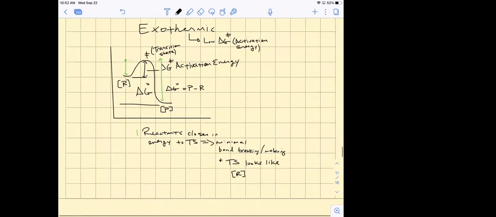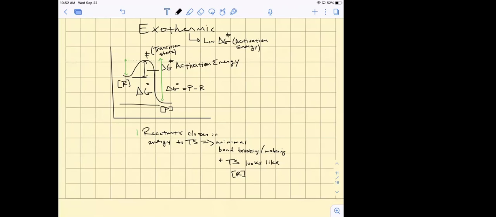See how that's the reverse of the endothermic, because you had such a huge energy difference between the reactants and the transition state that by the time you get to the transition state, you almost look just like the product.